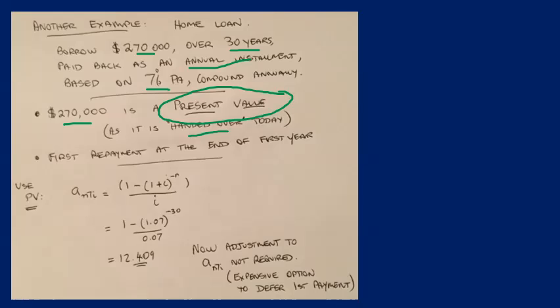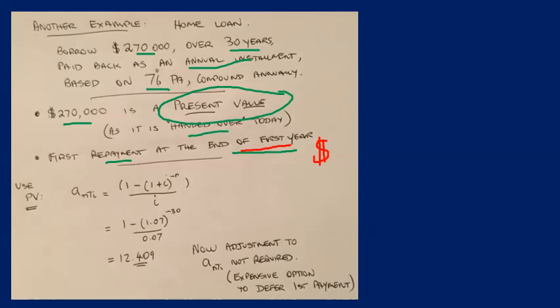Now, in this instance, we're going to be making the first repayment at the end of the first year. So if we go back to previous considerations, that means the loan is going to be slightly more expensive because you're deferring your first payment until the end of the first year. That means essentially everything's going to cost you just one little bit more.